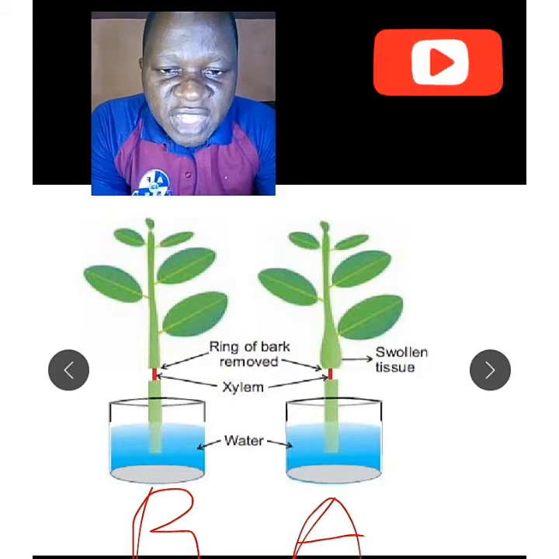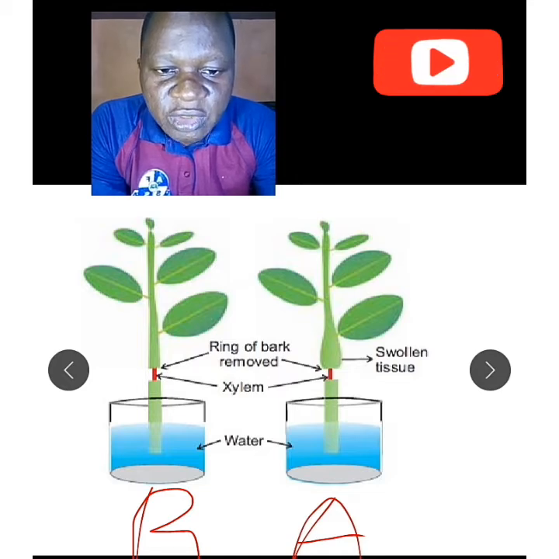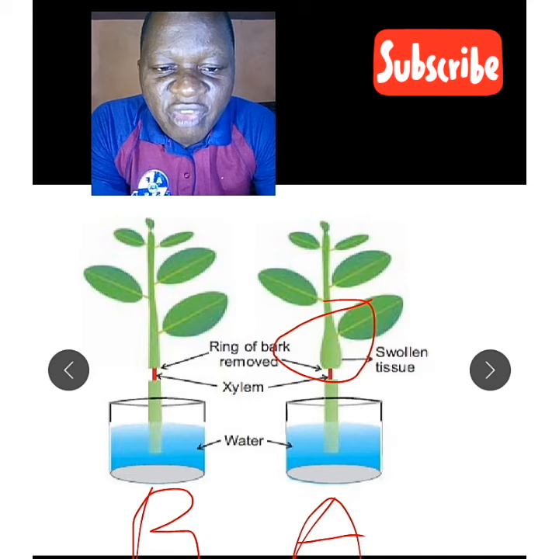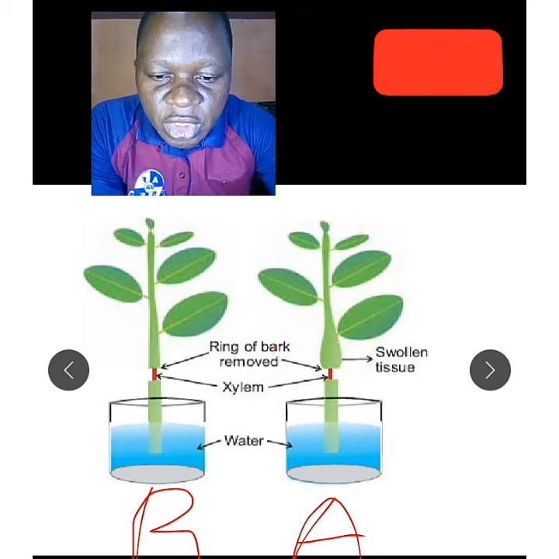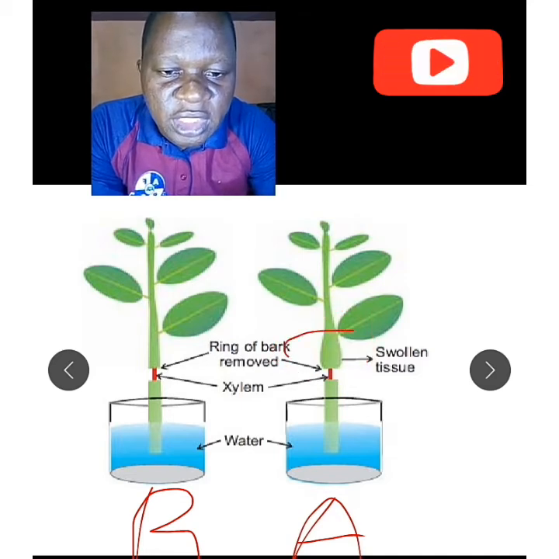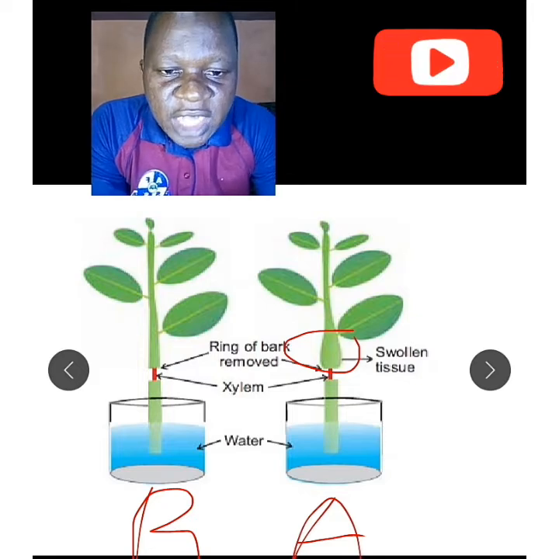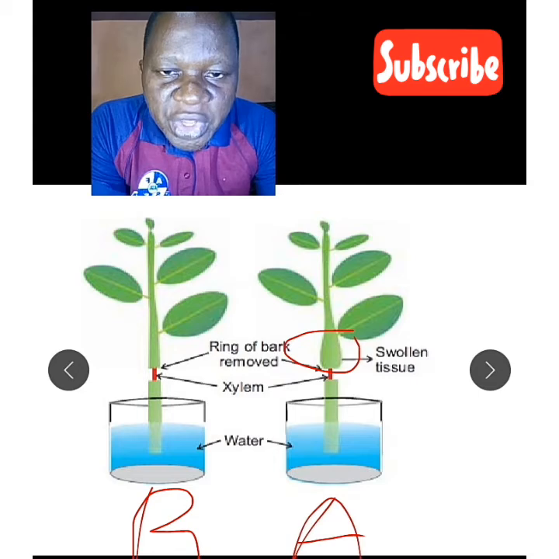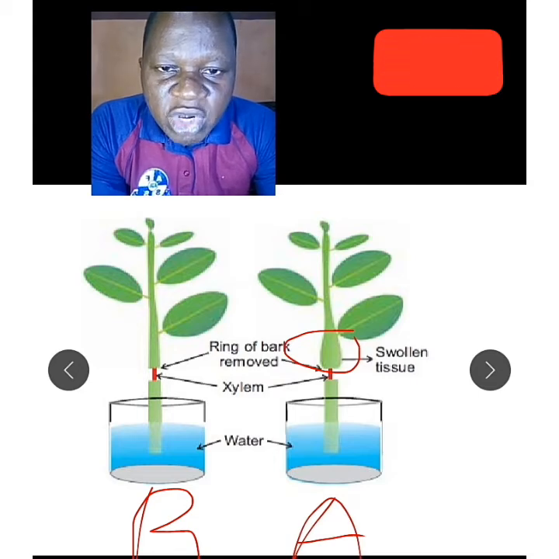You observe that in plant A, after 2 or 3 weeks, the part that we have cut open, let me make a correction, you can see that part is swollen. That swollen part shows that food has accumulated there.